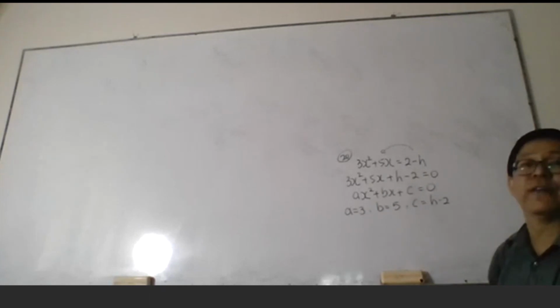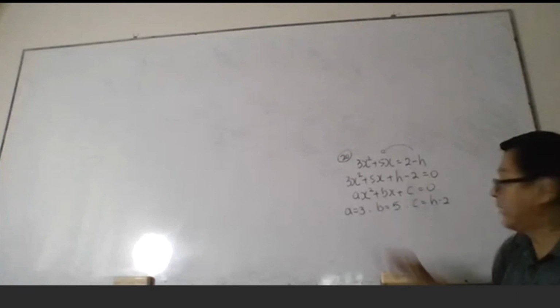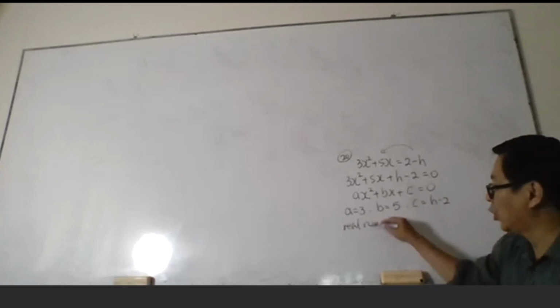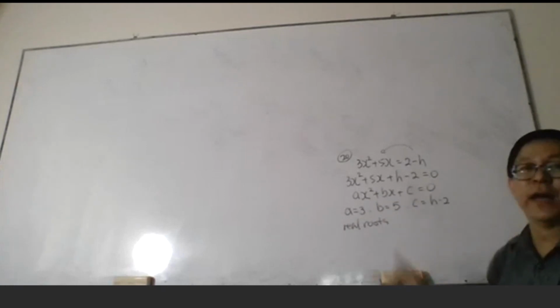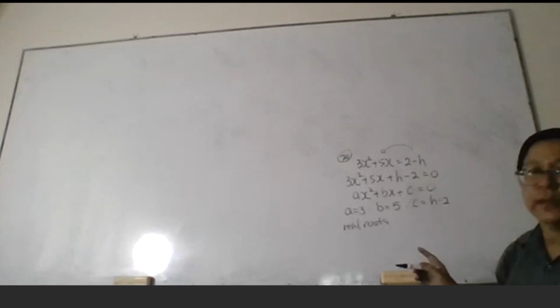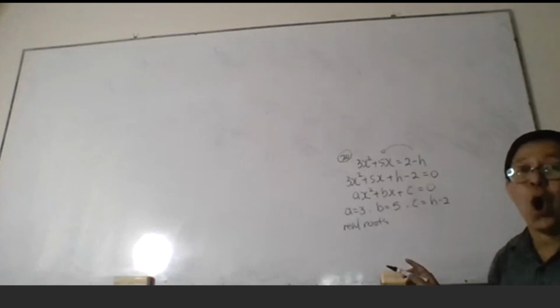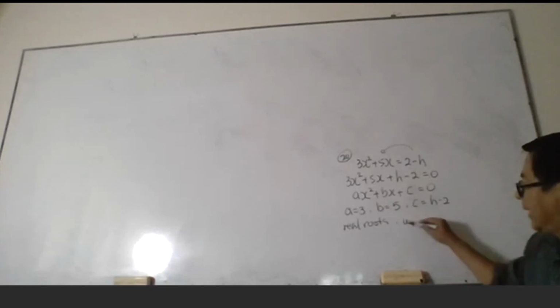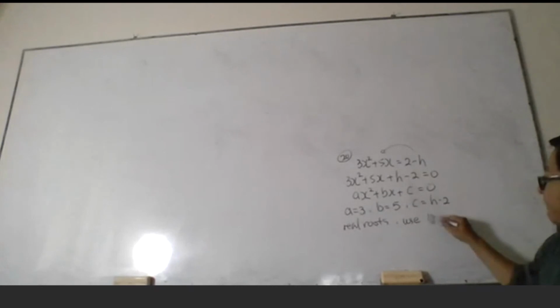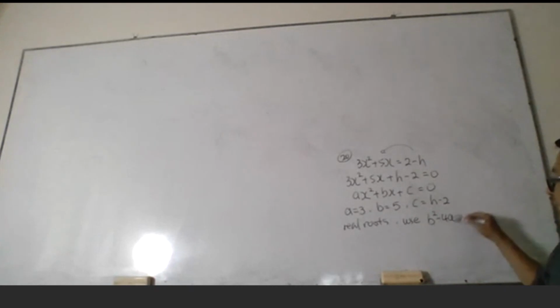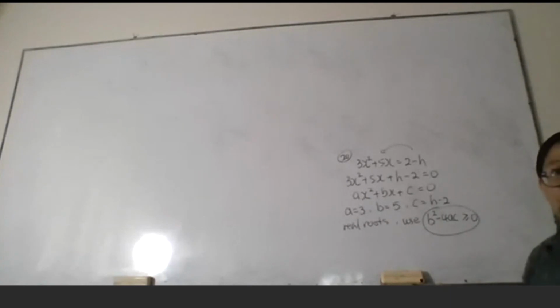This question is very funny. They just say real roots and never tell you whether it is equal roots or distinct roots. In this case, I am going to use b squared minus 4ac more than or equal to 0. It is not only more than 0, but more than and equal to 0.